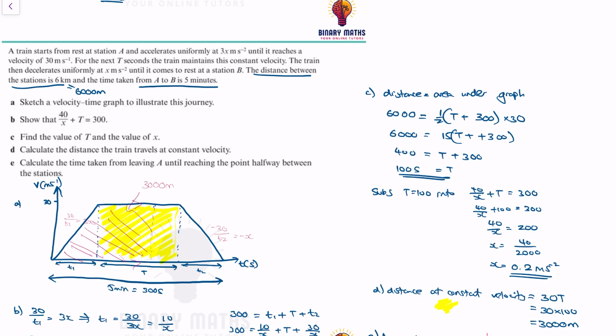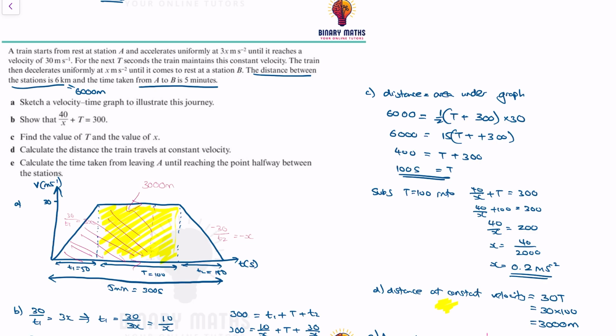So area of the triangle, so this is 50, this is 100, so this is 150. Okay, so that means it's going to be 50 times 30 divided by 2, which is equal to 750.